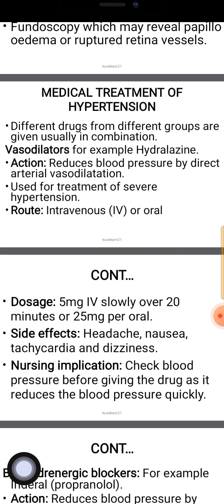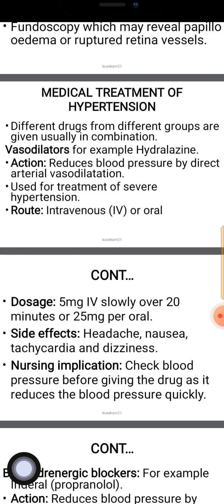Remember, the blood vessel is narrowed, making this blood pressure. But when the blood vessel is dilated, it means the blood pressure will be reduced because there is nothing now to interfere with the flow of blood. So the action of vasodilators is to reduce the blood pressure, hence dilating the vessels.